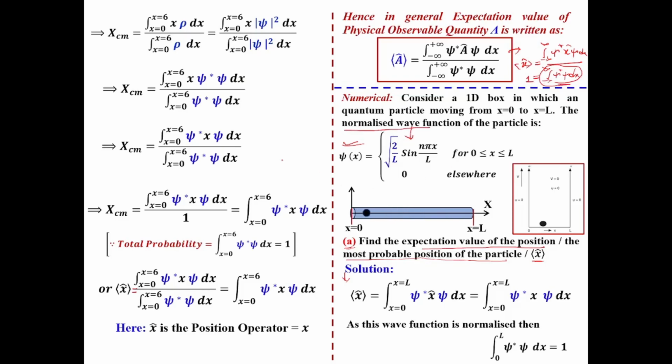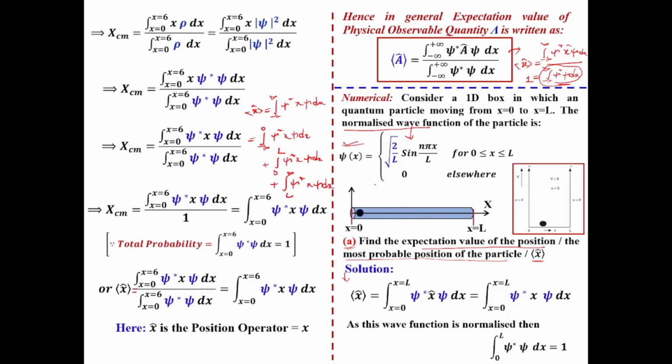Okay, now we have to find this value only. X cap expectation value will be integral minus infinity to plus infinity psi star x psi dx. Okay, it can be written as integral minus infinity to 0 psi star x psi dx, plus 0 to L psi star x psi dx, then plus L to infinity psi star x psi dx.